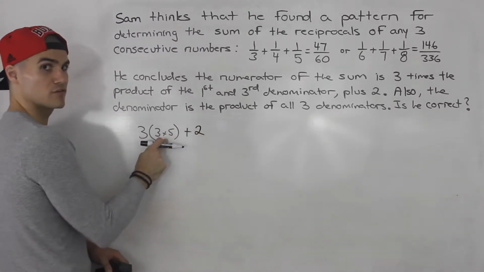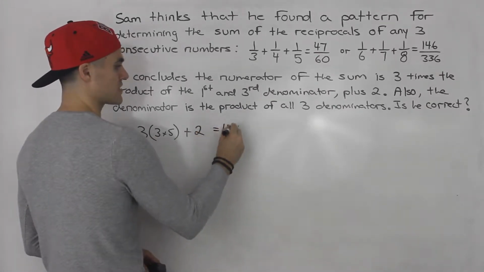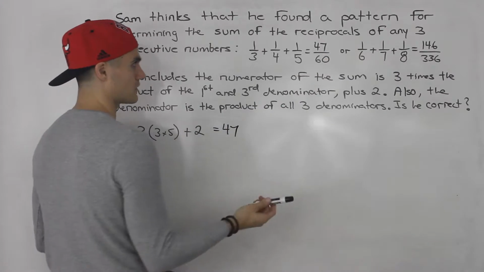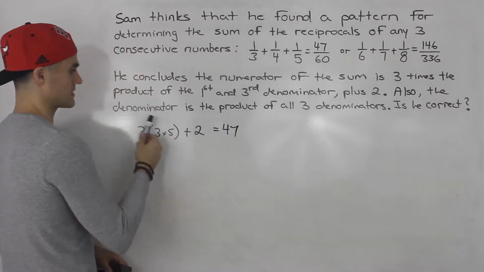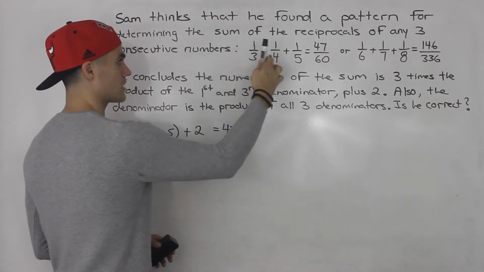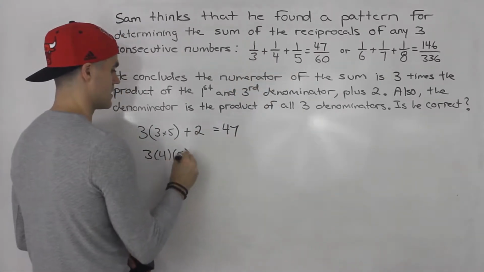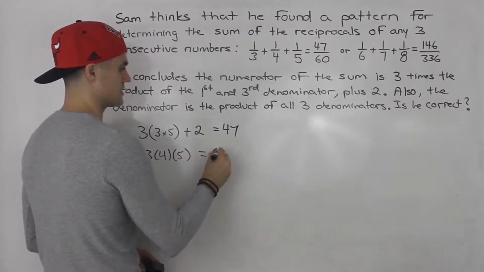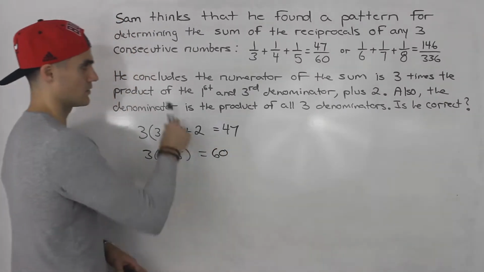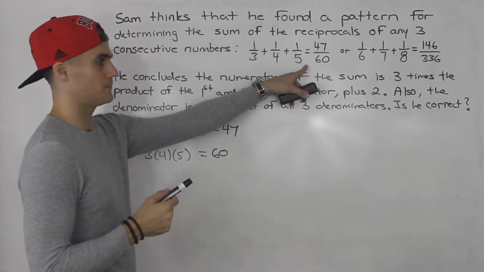Notice when we do this, this would be 15. 3 times 15 is 45, plus 2 gives us 47. So it seems to work out in this case. And then he says the denominator is the product of all three denominators. So 3 times 4 times 5, what does that give us? That actually gives us 60. So his observation is correct for this example.